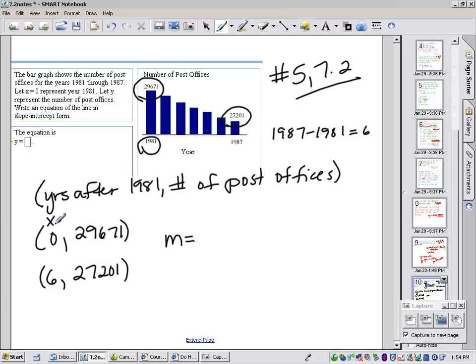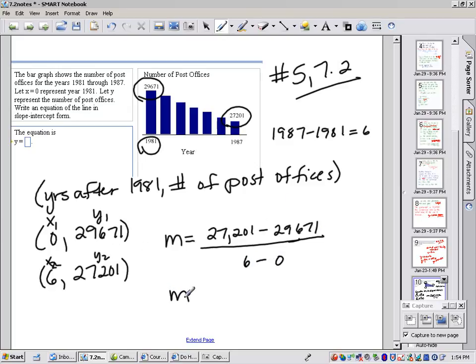So if you label these x1, y1, x2, y2, we would have 27,201 minus 29,671 over 6 minus 0. Okay. So we need to subtract these. Of course, I don't have my calculator handy, so we'll subtract it by hand.